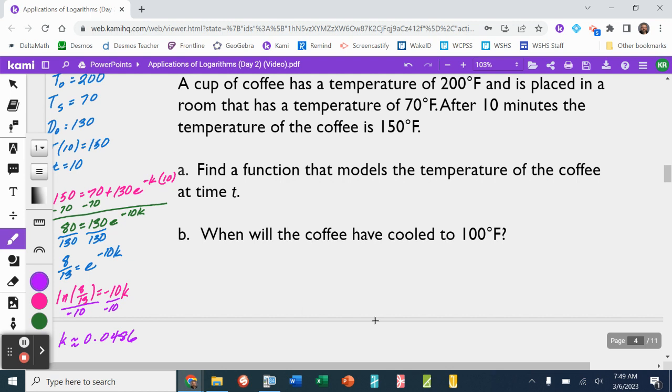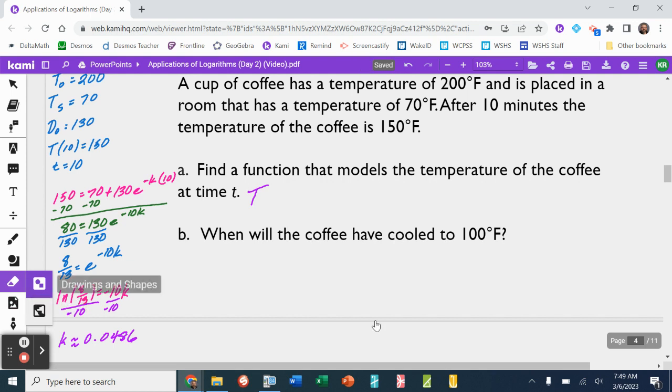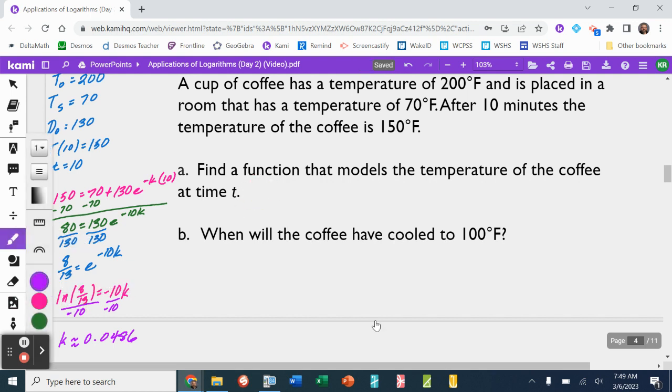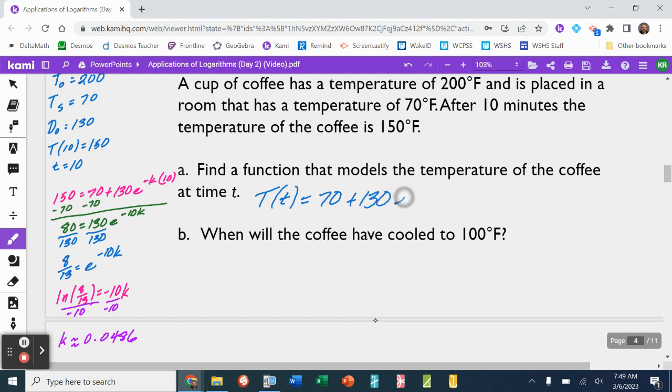Let's write a function. So the temperature at time t will be equal to our surrounding temperature plus our initial temperature difference times Euler's number raised to the negative 0.0486, because that's our approximation for k.